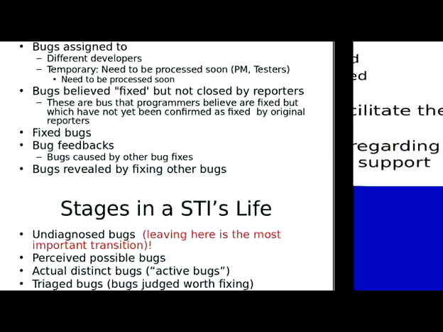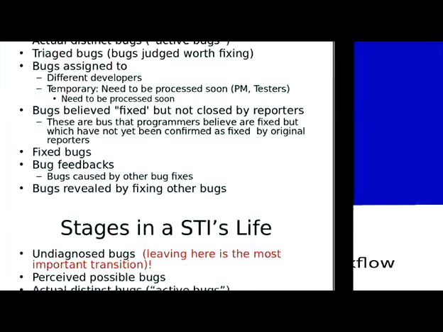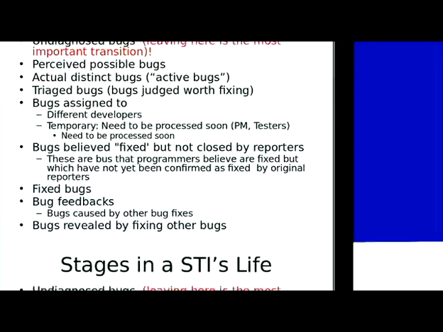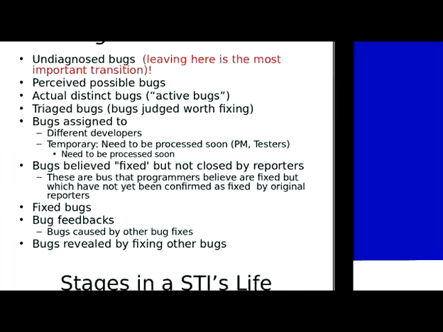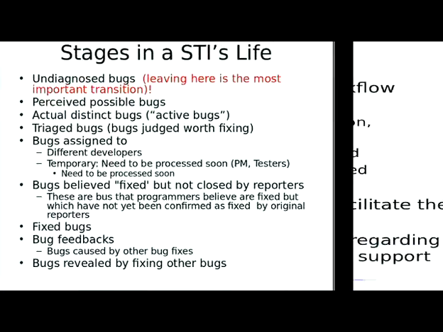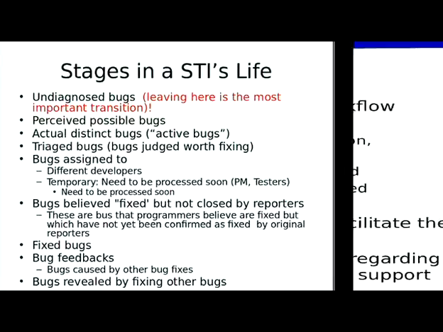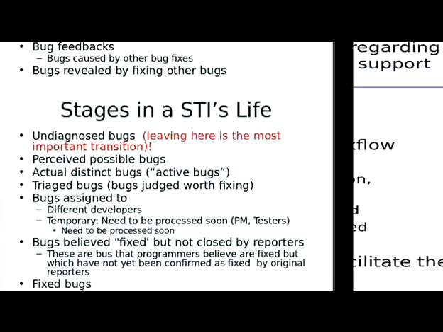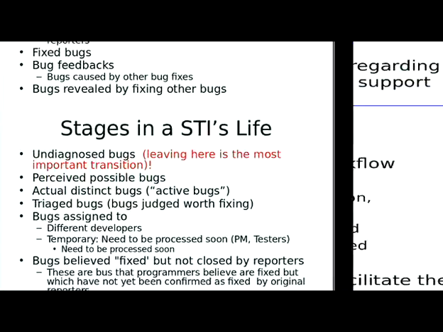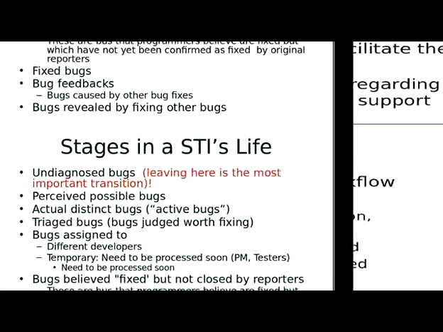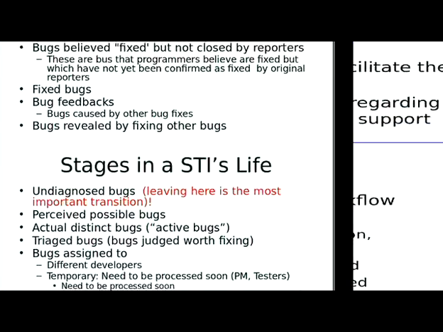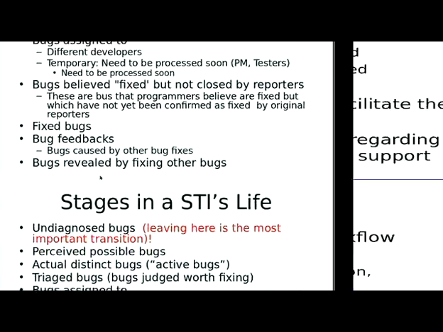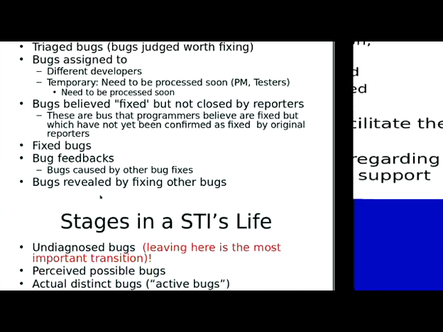Triaged bugs, bugs that have been decided they're worth fixing, bugs that are assigned to different developers, bugs that are believed fixed but not yet closed by the reporter, and then fixed bugs, bugs that are resolved and eventually closed by the test team often, and marked as fully resolved. And then there's some later things like feedbacks from bugs. Bug fixes can sometimes introduce other defects.